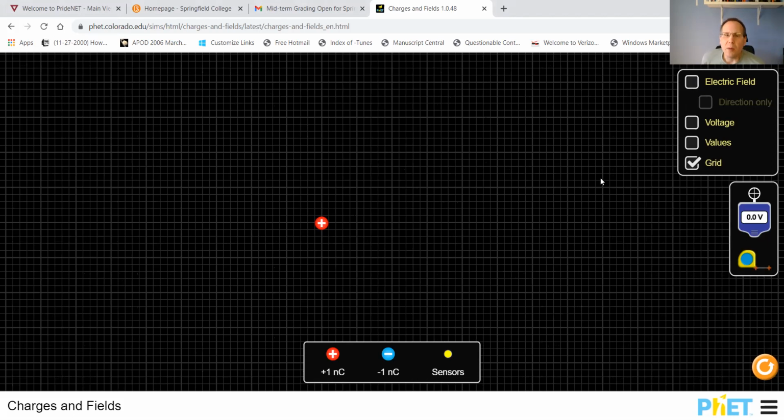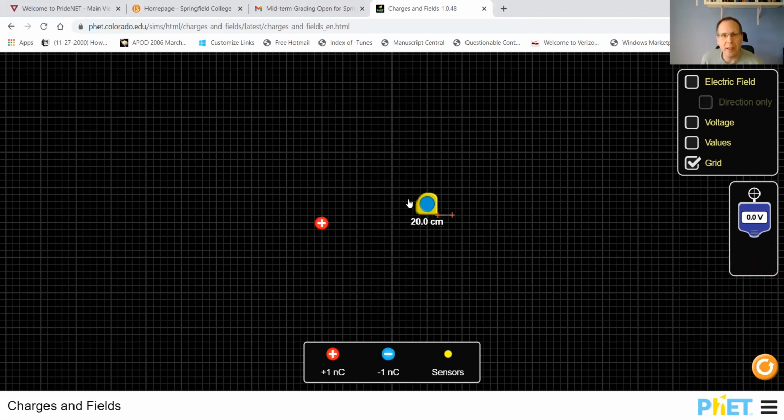All right, so we want to place the sensors at those different locations. So let's say one of the locations was 2, 0, right? So I'm going to call this 0, 0. This charge is at 0, 0. It turns out, if you look at this grid line here, that if you go 2 of the large intervals here, that represents 1 meter. You could also measure it.